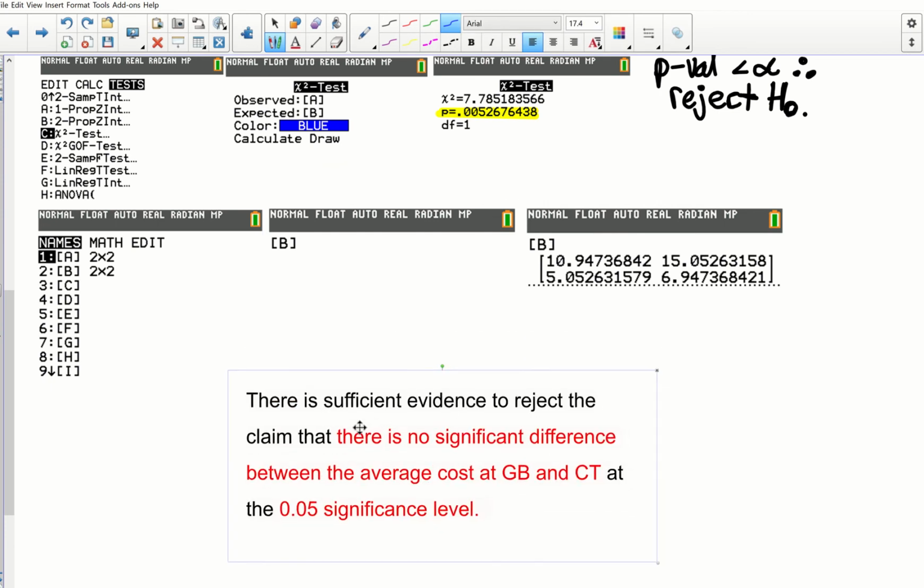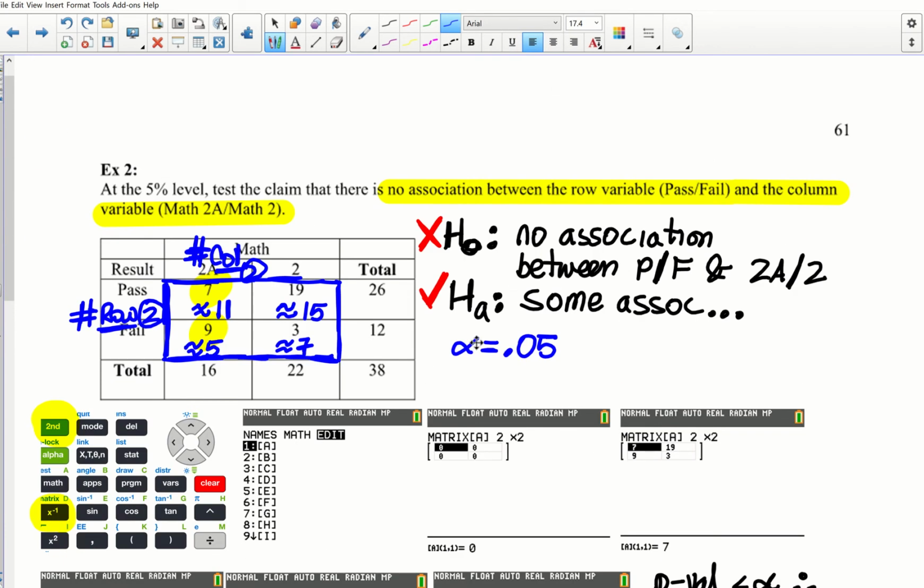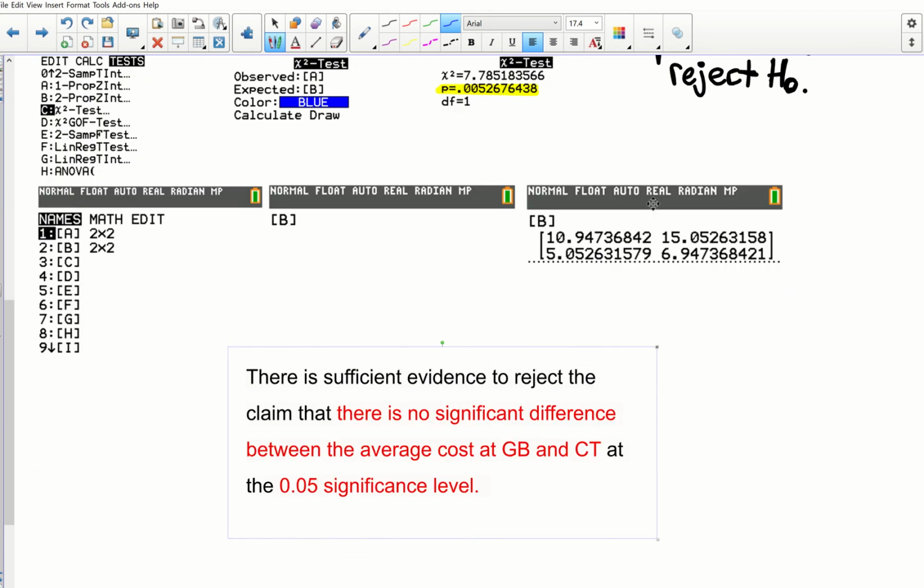There is sufficient evidence to reject the claim that there is no association between passing and failing. And again, streamline it. Between passing and failing and course.